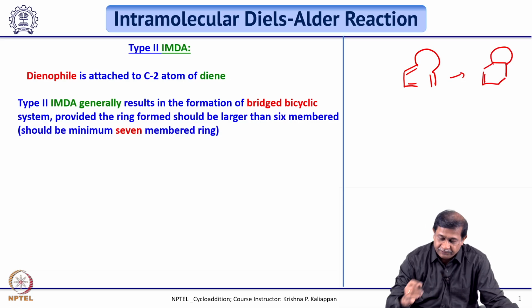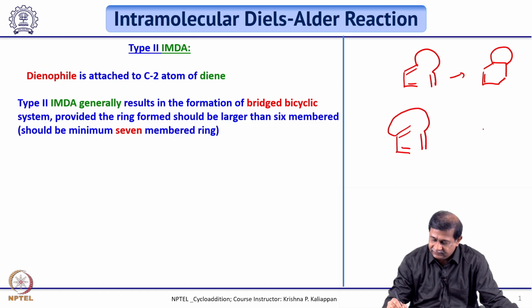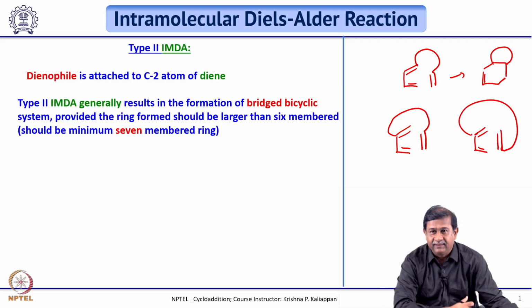Now when it is attached to carbon number 2, there are two possibilities. One, you can write the way I have written. The other possibility is you can rotate the dienophile and draw it like this.